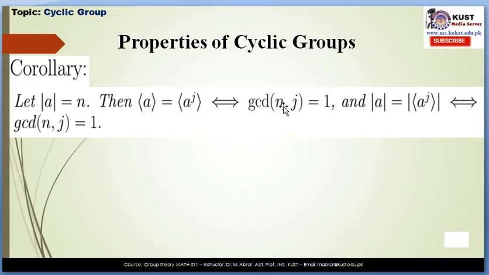In other words, n and j are relatively prime. We will use this corollary in the next example. This actually helps to compute the generators of the cyclic group. If we know, for example, one generator, then by using this corollary we are able to compute all other generators of that cyclic group.